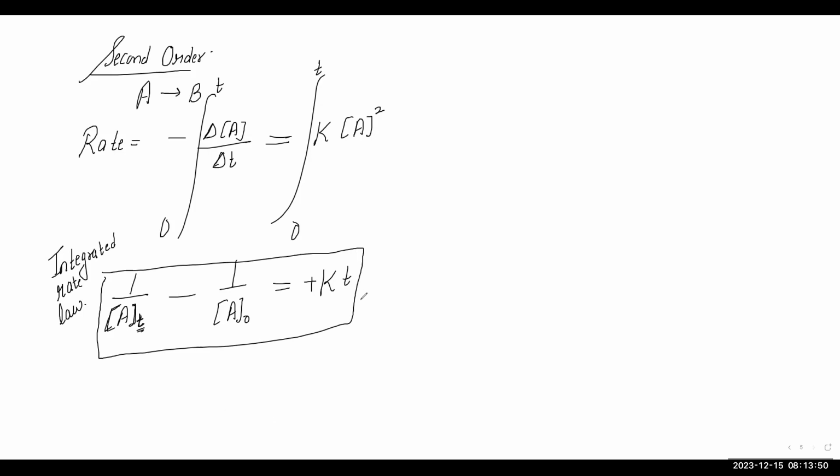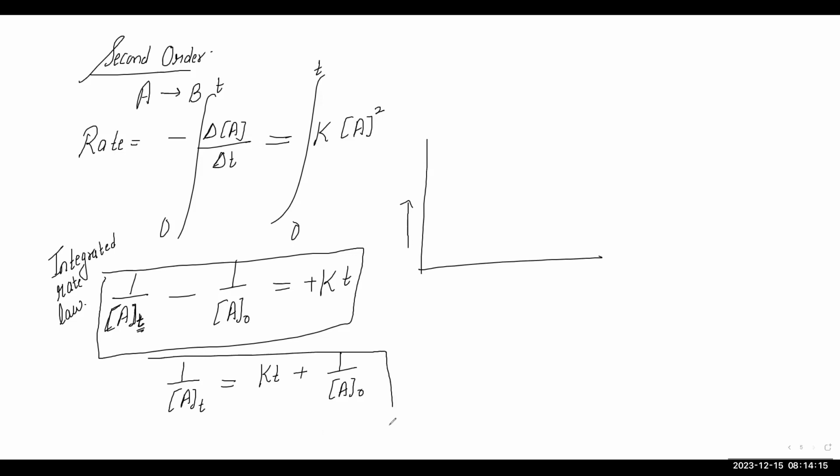Now, I'm going to rearrange it in the straight line format. So, 1 over the concentration of A at time t is kt plus 1 over the concentration of A naught. Now tell me the graph. What is here on this axis? Look at this equation. It represents a straight line equation, right?